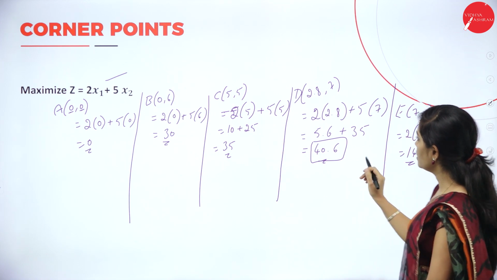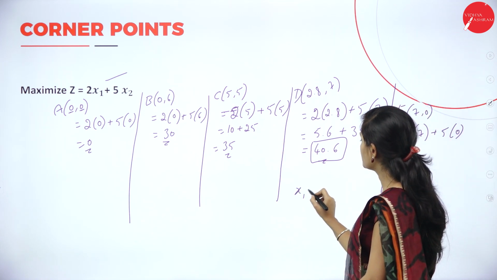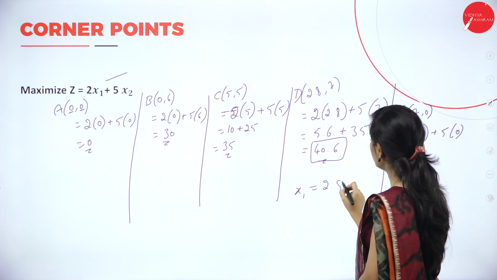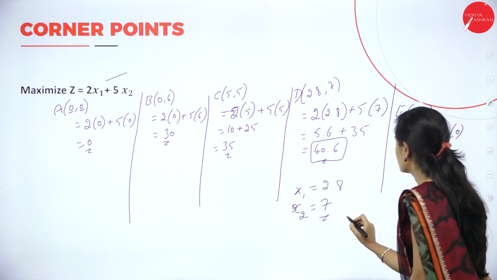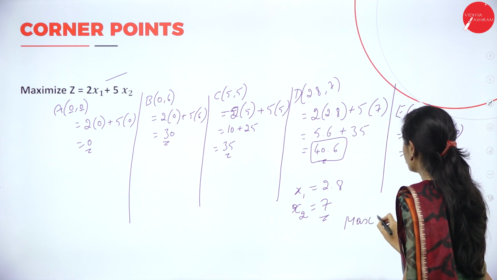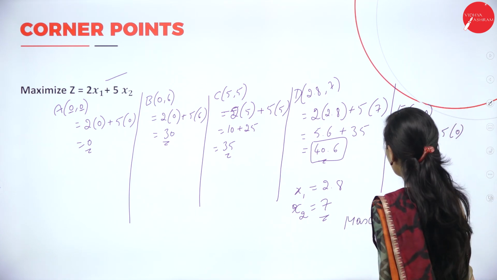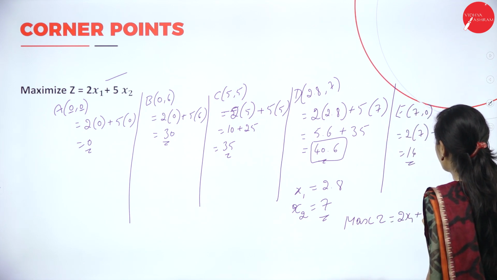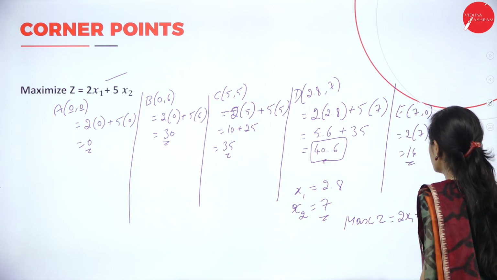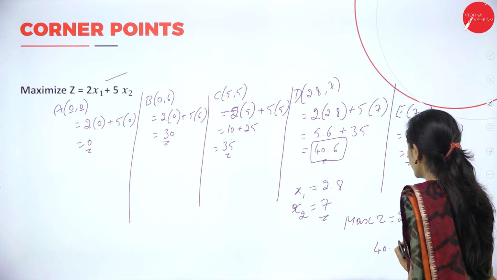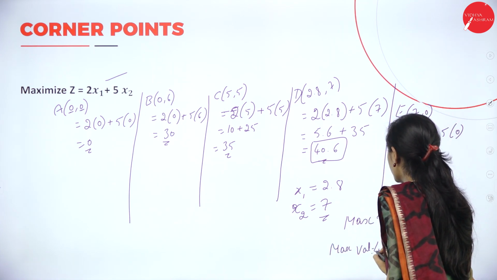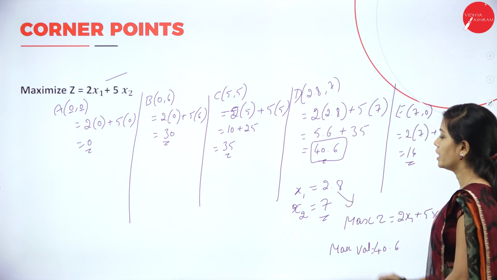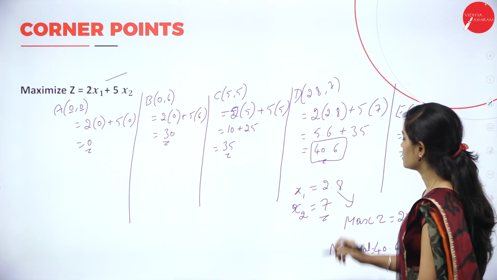It comes under the point x1 is equal to 2.8 and x2 is equal to 7. So max z is equal to 2x1 plus 5x2. So the maximum value is 40.6. This is the maximum value, at the point 2.8 and 7.